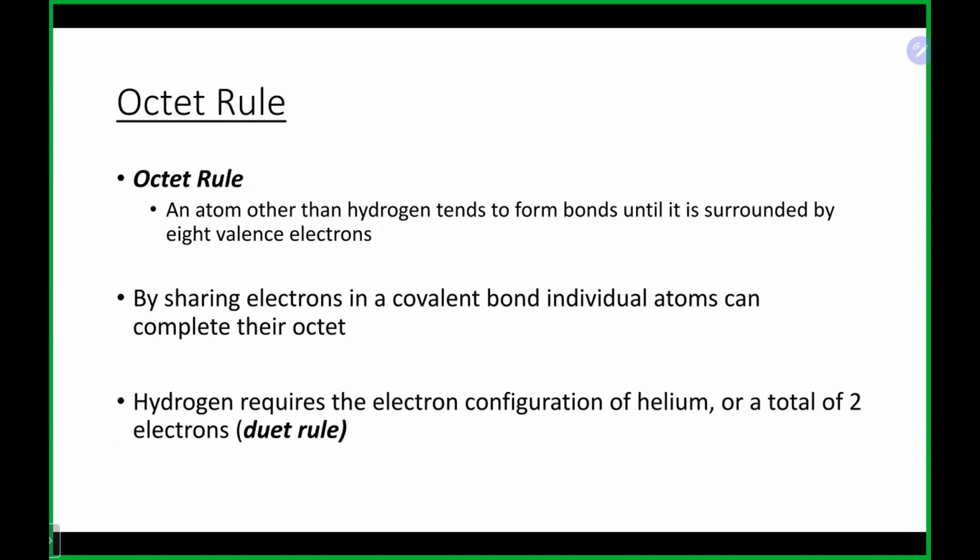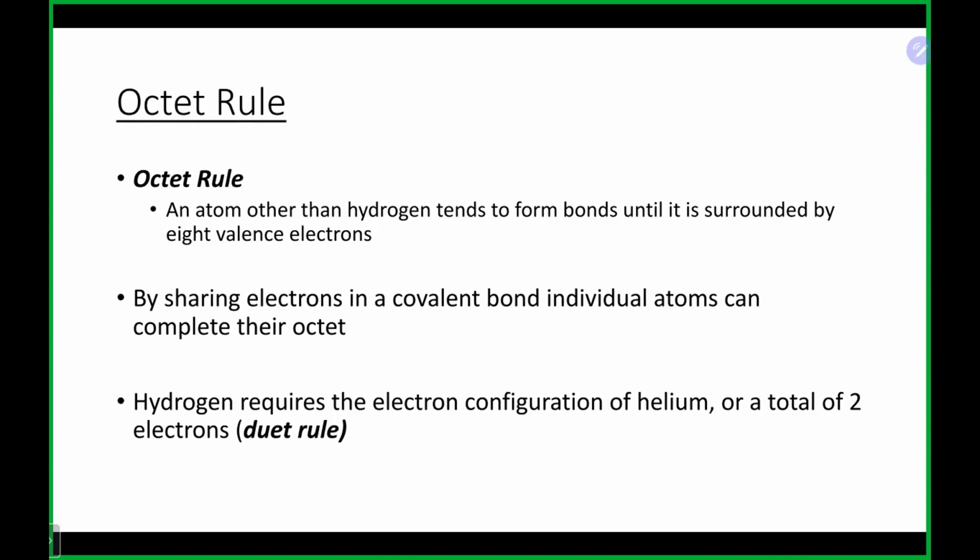And that is the octet rule. The octet rule is the rule that we follow when we're doing bonding or drawing structures. And the octet rule basically says that everybody will continue to make bonds until everybody's got 8 electrons around it. The exception obviously is, as I mentioned, hydrogen.